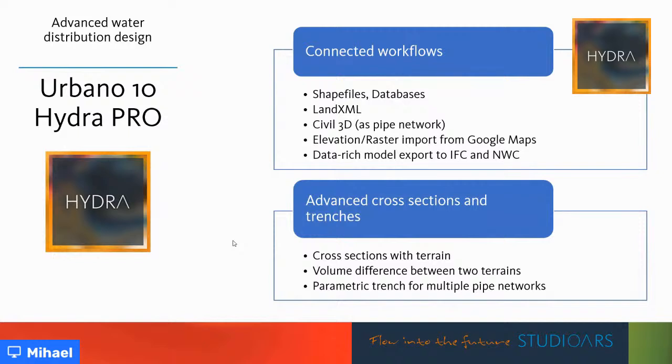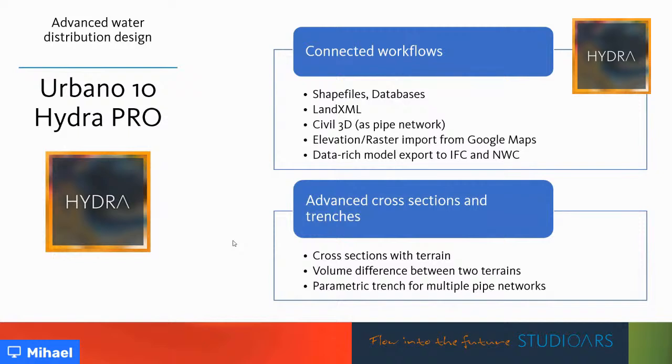And of course, there's the data-rich model export to IFC and NWC. We emphasize this data-rich model export, so it's not just that you're creating 3D solids and writing them to IFC or something. You can choose what data to add. You can control: are you adding design data, hydraulic data to the IFC, trench data, and so on.